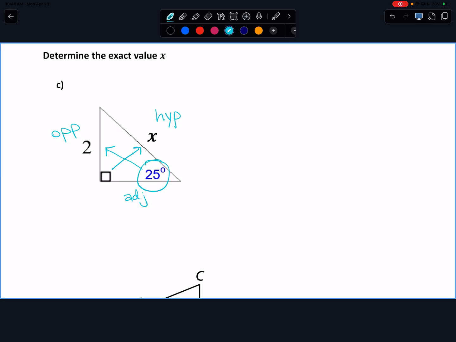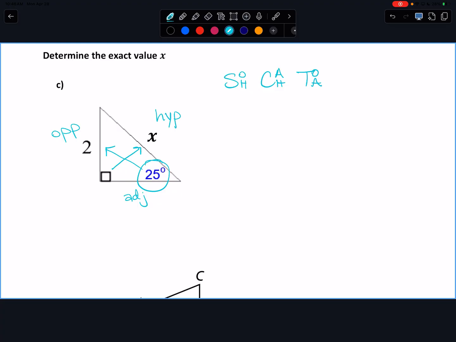What uses opposite, adjacent, and hypotenuse? Yeah, it's SOHCAHTOA, right? SOHCAHTOA.